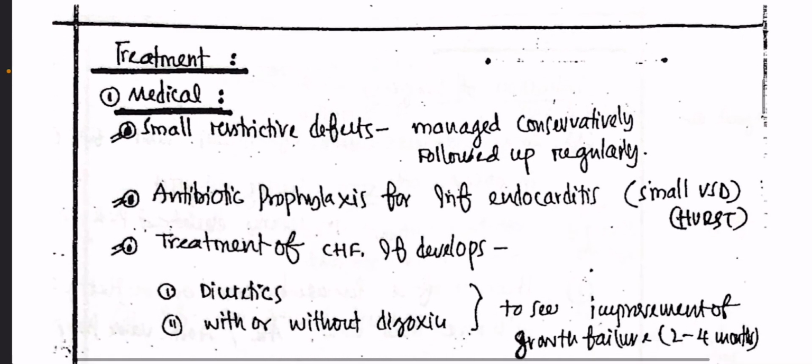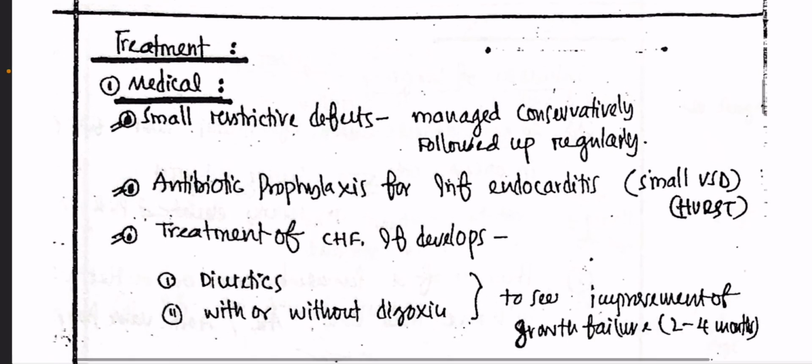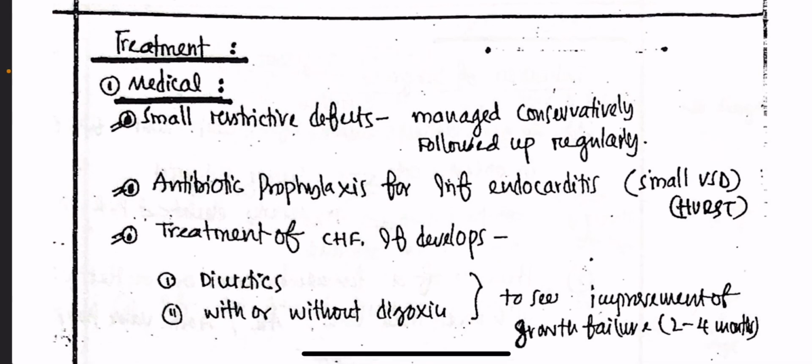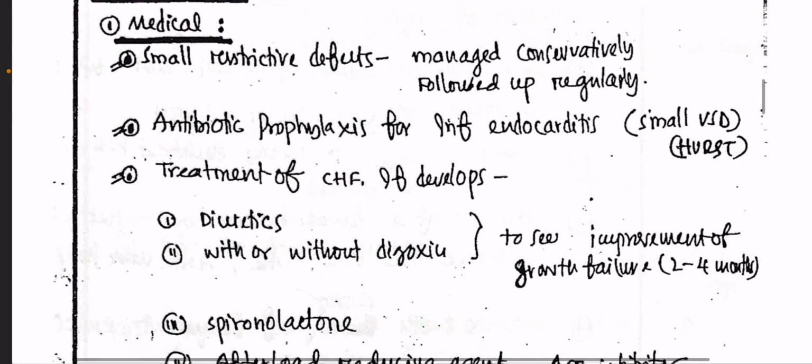Now, treatment. What about the treatment of VSD? In medical treatment, small restrictive defects are managed conservatively and followed up regularly. Antibiotic prophylaxis for infective endocarditis in case of small VSD. Treatment of congestive heart failure if it develops.